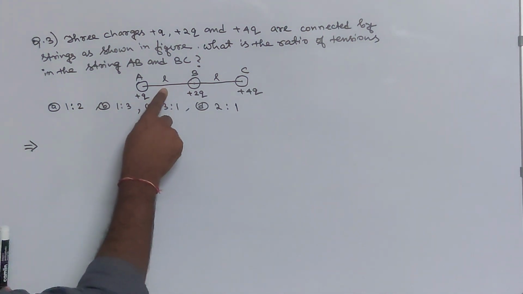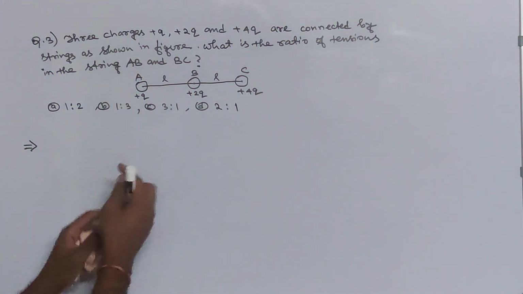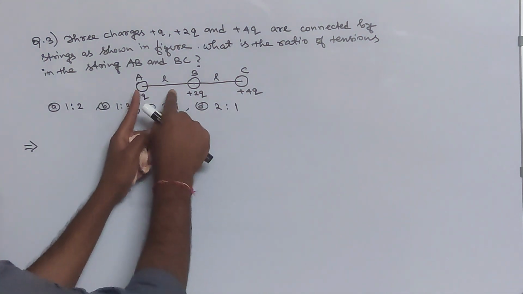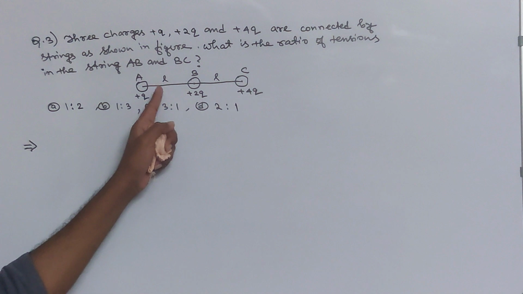So the tension in the string AB will be due to the repulsion between A and B and the repulsion between A and C. Due to that, there will be the tension in this string.